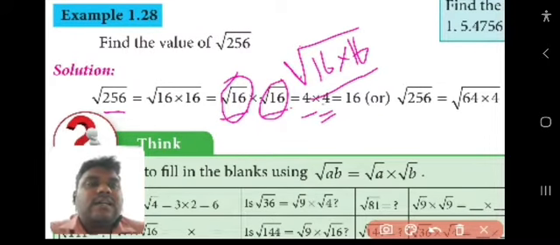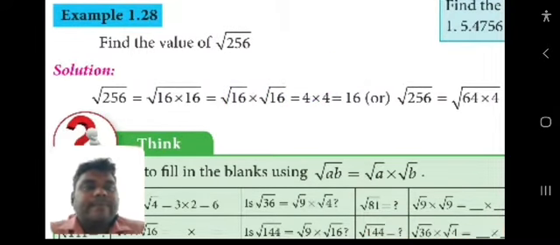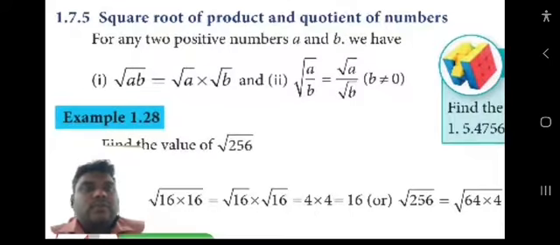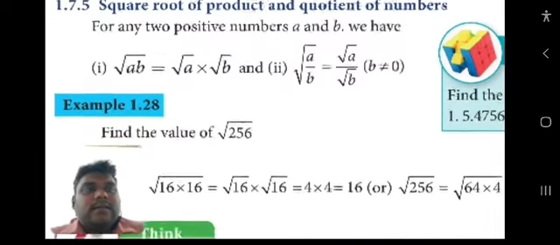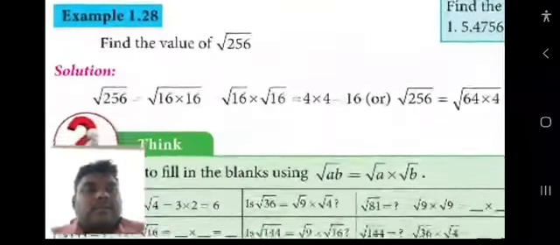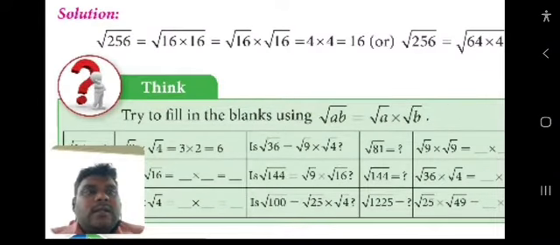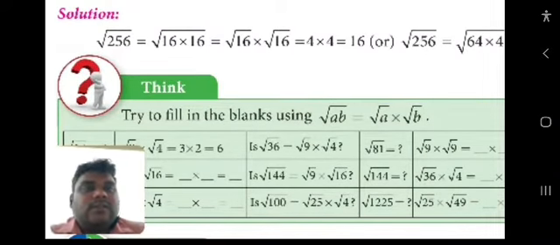Therefore 4 fours are 16. Okay, so here we used this result, the square root of a product of numbers. This is the product rule.